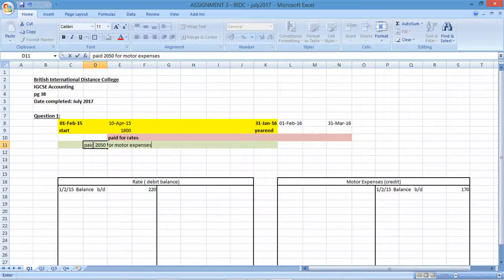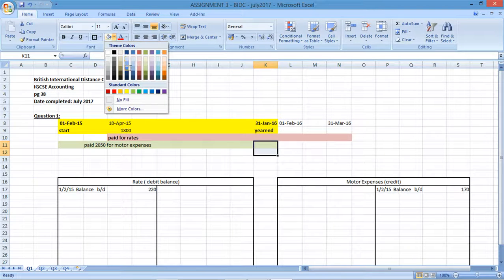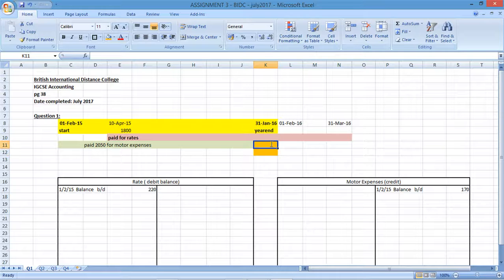That's what he paid. Then they tell us at 31st of January 2016, he owed the garage an amount of 290 for the repairs. So at that point in time, he's owing them, so it's a liability. He's owing them 290 for repairs. That's what we're looking at.